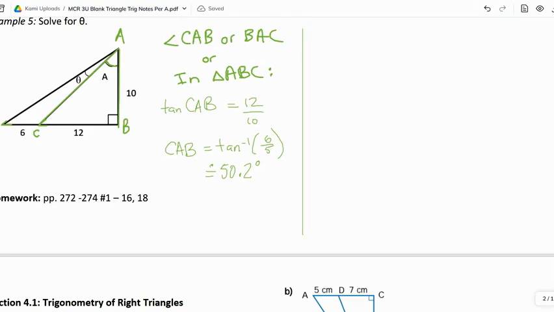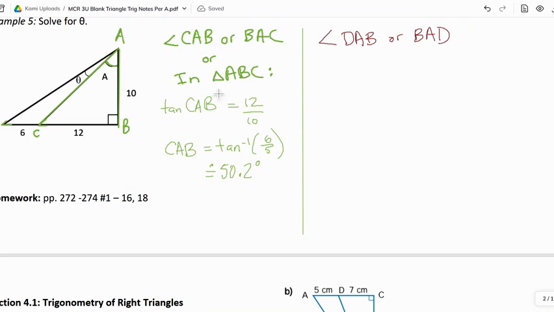Next, we move on to the big triangle ABD. So now I'm solving for DAB or BAD. If you're not sure how I'm getting these letters, please make sure you approach me at extra help with that.